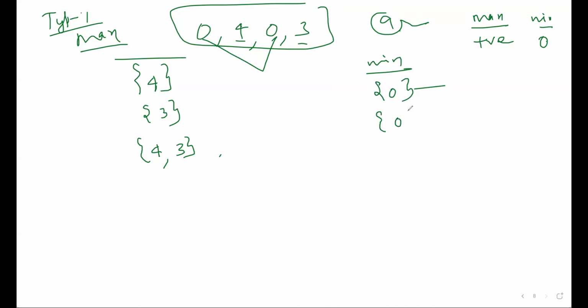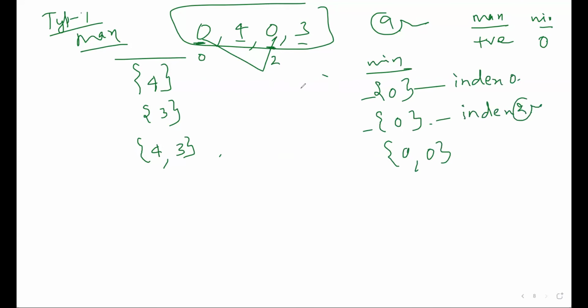We have 0, 0. Okay, these two are different. This 0 is at index 0. This 0 is at index 2. So these two are different. One is present at index 0, other one is present at index 2. So now simple question, how many combinations can I form?